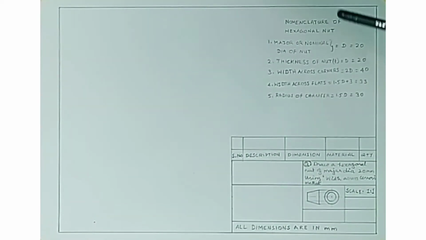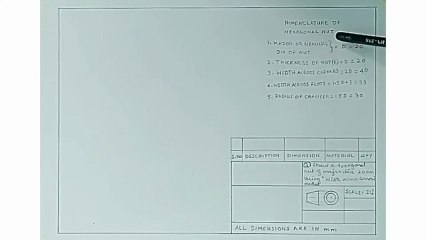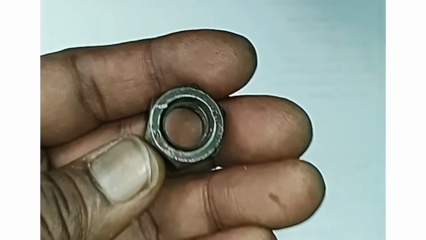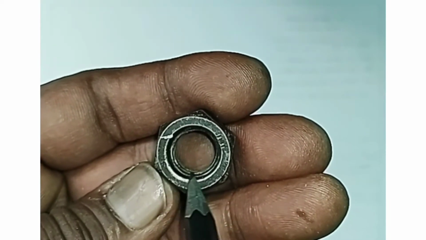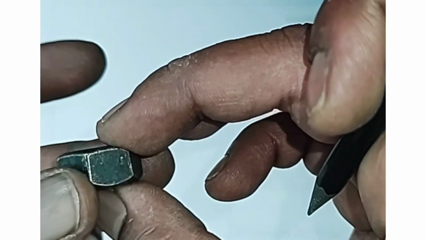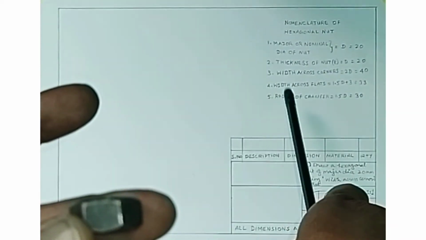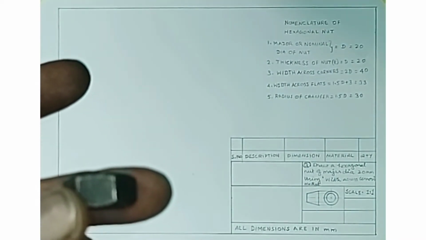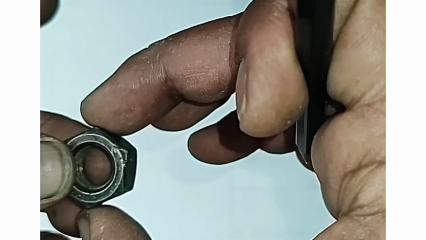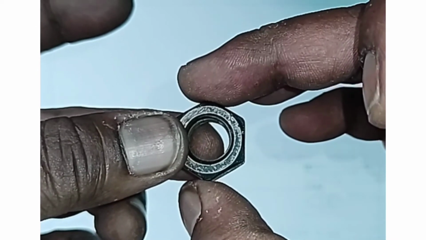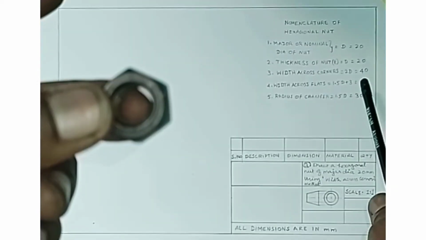So the nomenclature of hexagonal nut: major or nominal dia of nut, that is 20 mm. Then thickness of the nut, T, that is 20 mm. Then width across corners, means the distance between the two opposite corners, is 40 mm.